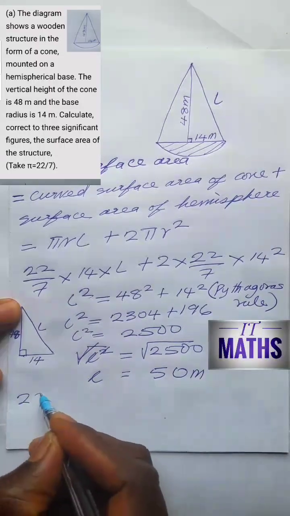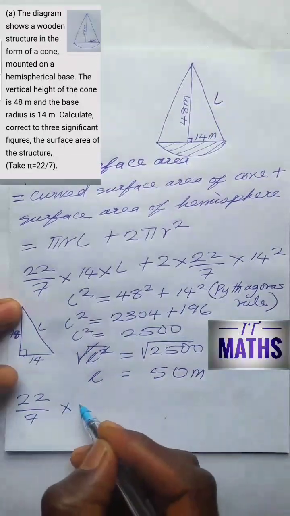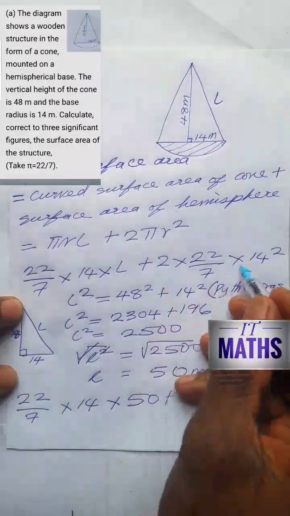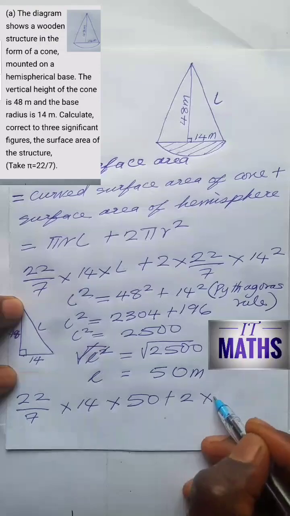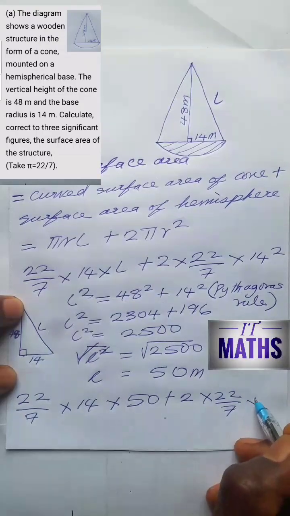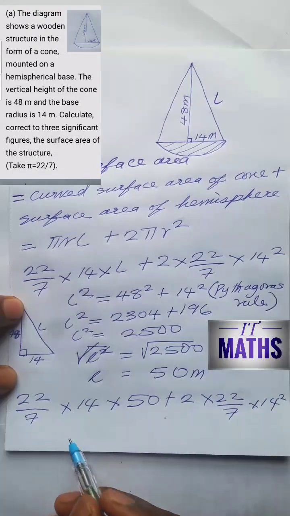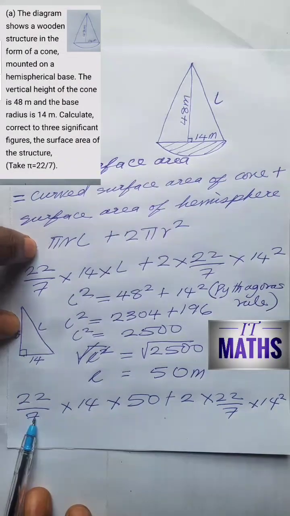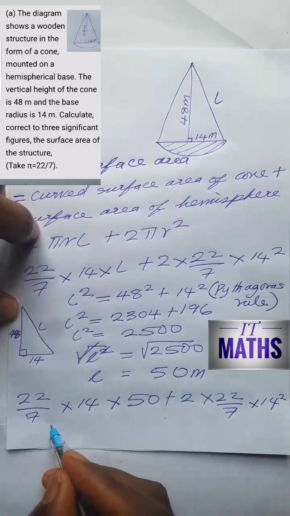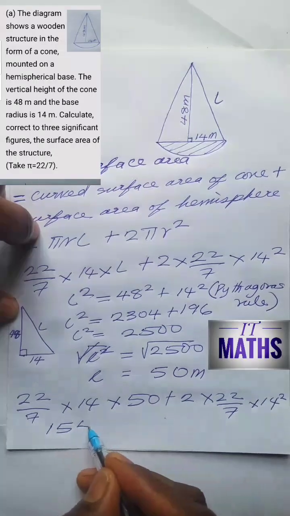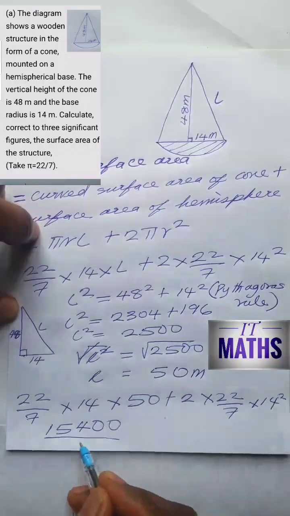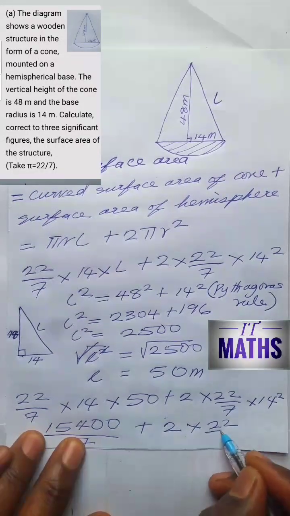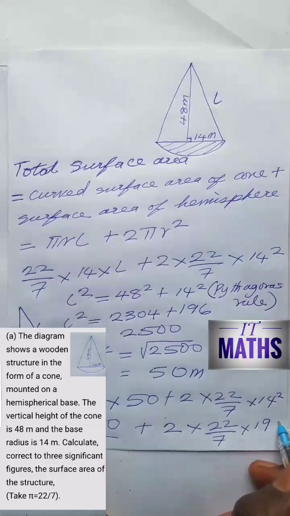So that becomes 22/7 times 14 times, this is now 50, plus 2 times 22/7 times 14 squared. Let's multiply the numerators together and divide by 7. So everything multiplied is equal to 15400 divided by 7, plus 2 times 22/7 times 196.